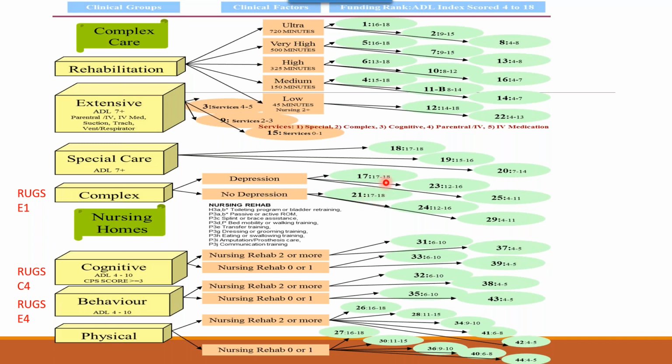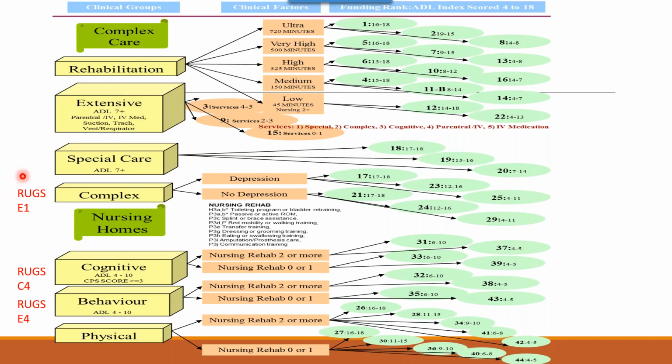Notice that based on your ADL score, and you remember the ADL index goes up to 18, and it starts at a low score of 4, meaning you're independent for bed, eating, toileting, and transfer. But look at how many levels of funding you go up. 12 levels of funding just because of the ADL score and because you have 3 or more of those E1 items.